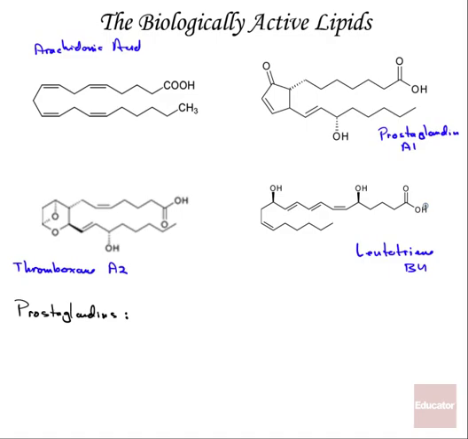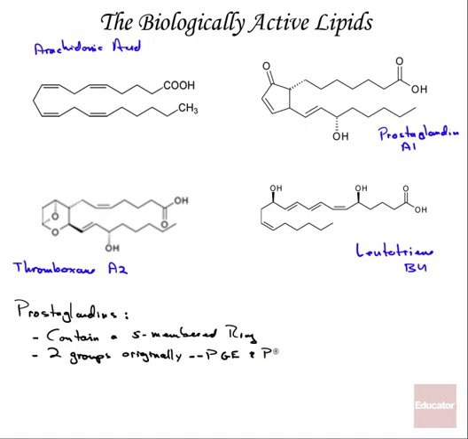So the prostaglandins, they contain a 5-membered ring. There's your 5-membered ring. Okay. There were 2 groups originally, called originally the PGEs and the PGFs. So the prostaglandin E series, the prostaglandin F series.